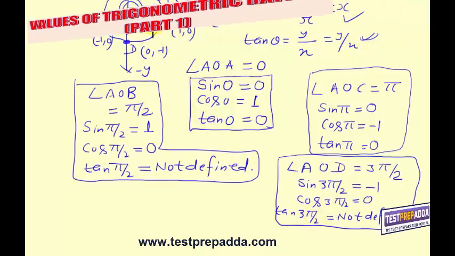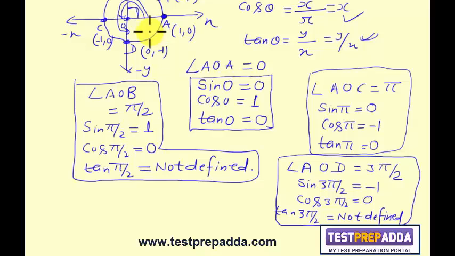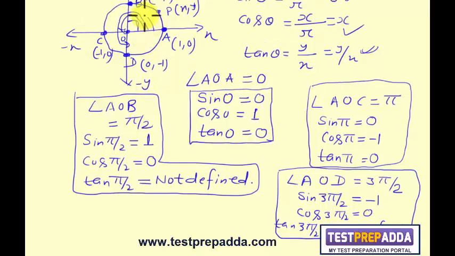Okay, now I'll take the complete turn. What is this angle? 2 pi. So if you take this 2 pi, you again reach point A. So if I say sine 2 pi, it will be what? The y coordinate here, which is 0.